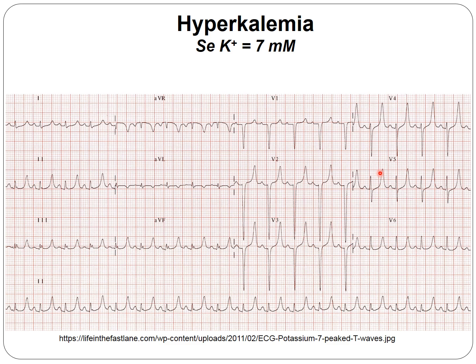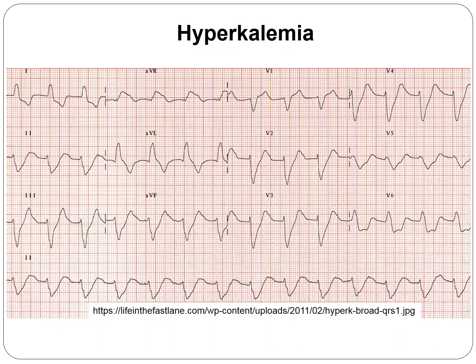So that is a clockwise rotation of the heart. Looking at the ST-T, we see ST elevation and a peaked T wave, especially in V2, V3, V4 in the precordial leads, very tall and symmetric T waves. So generally, this is the sign of hyperkalemia.